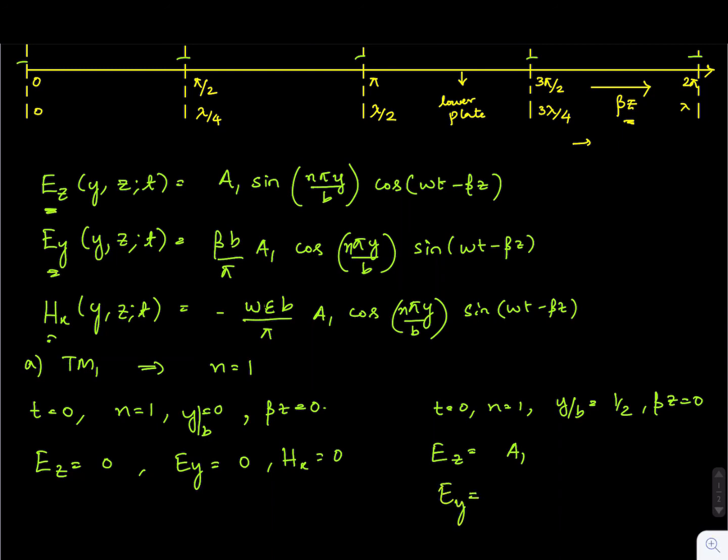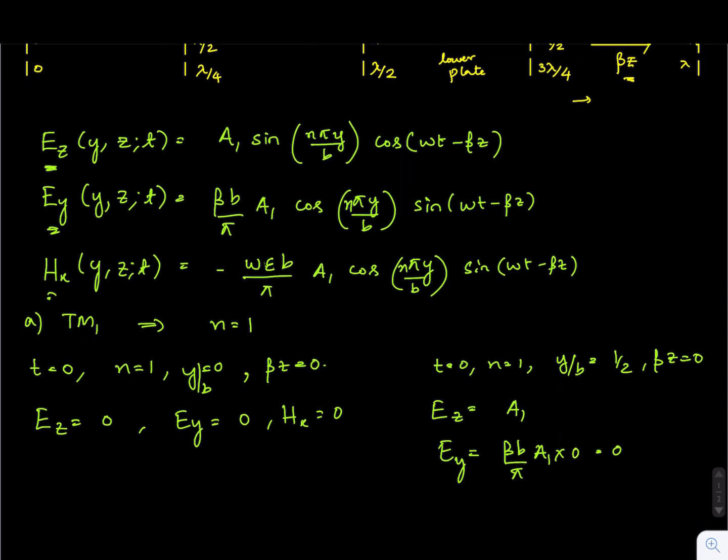Ey would be beta b by pi a1 multiplied with cos pi by 2, which is 0, so this entire thing becomes 0. Hx again has a cos pi by 2 term, so it becomes 0.